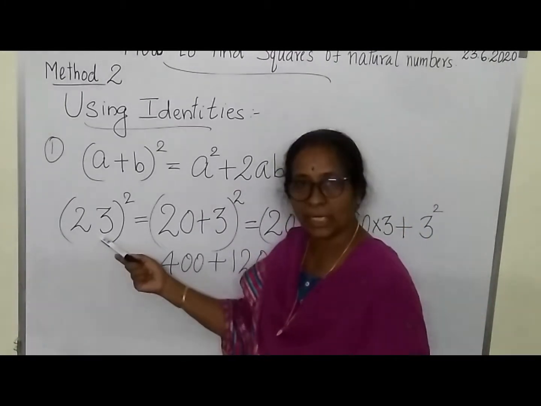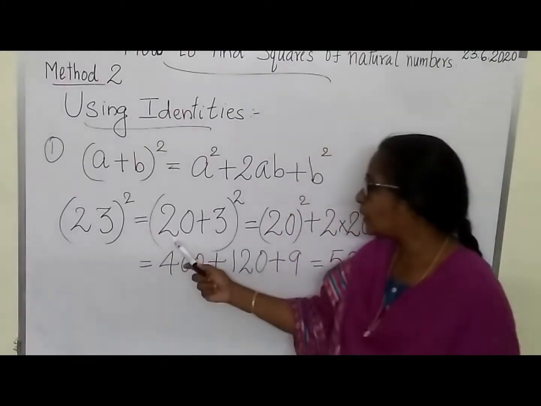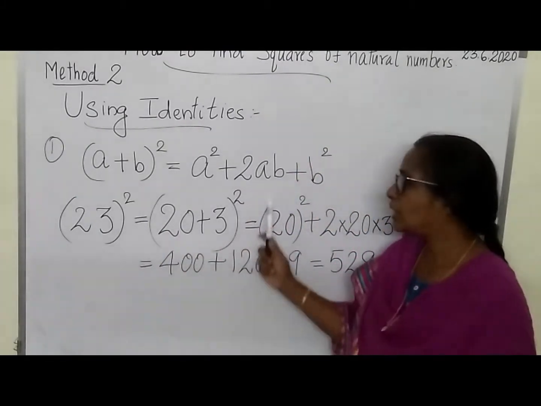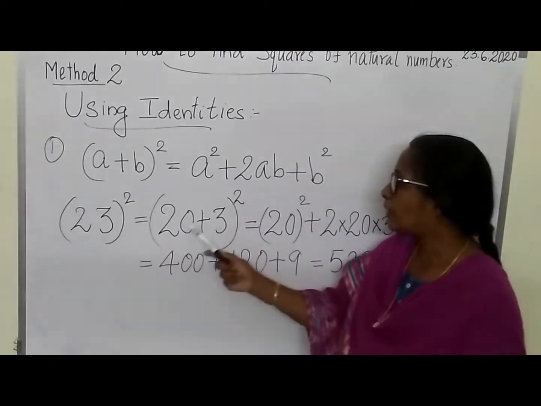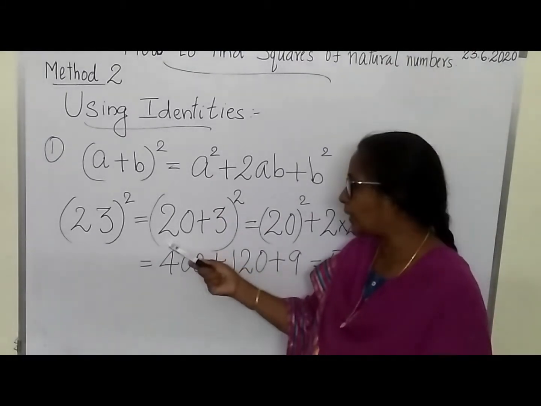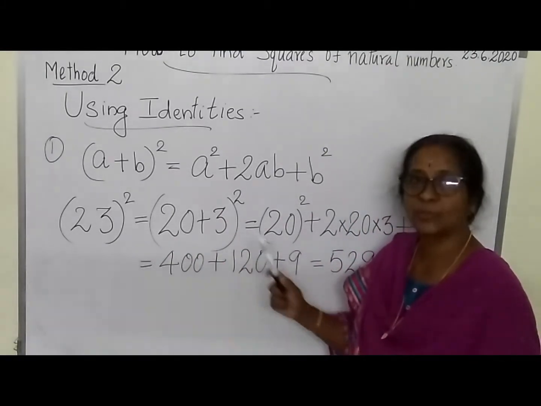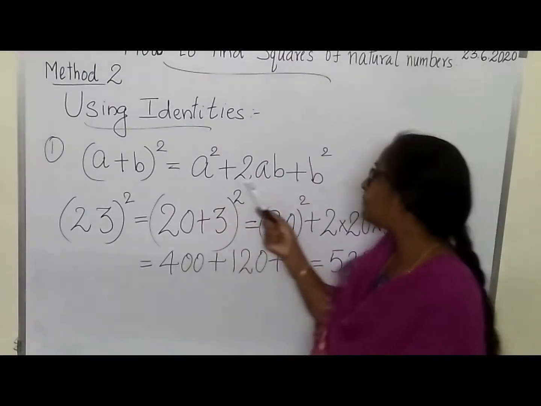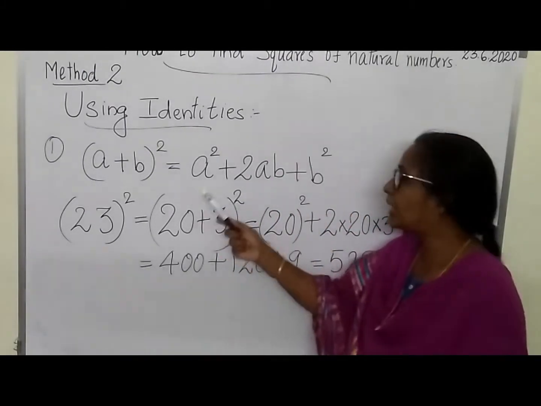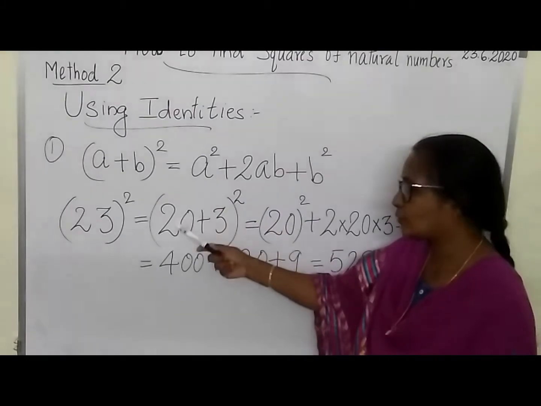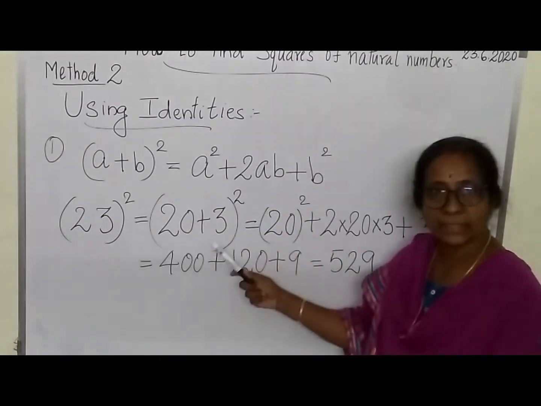So 23 can be written as 20 plus 3. (20 plus 3) whole square. Now in place of A you have 20, in place of B you have 3. So in this identity, put the values of A as 20 and B as 3.